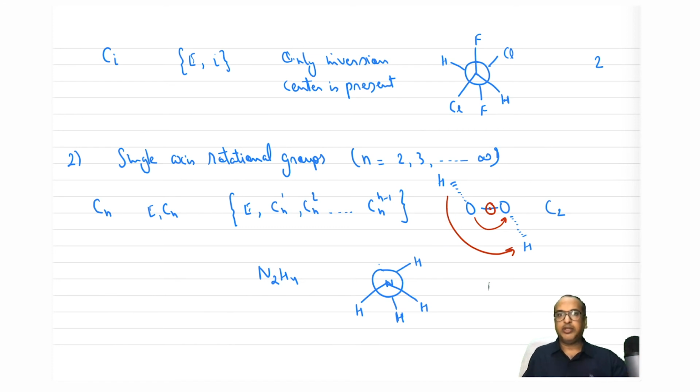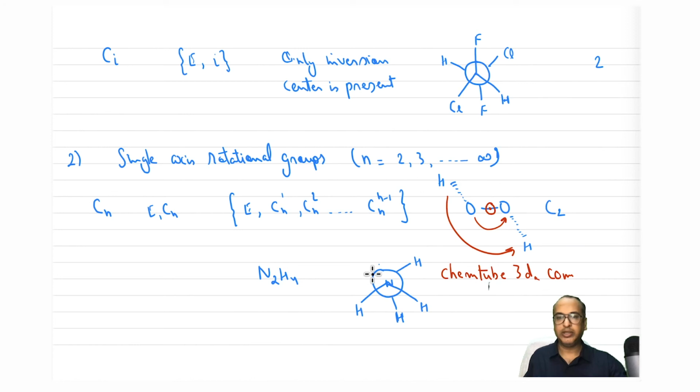I would advise you to go to chemtube3d.com and look at this molecule in 3D, so that you can actually see where the symmetry operation lies, or the position of the C2 axis. That way it will be easier to see.